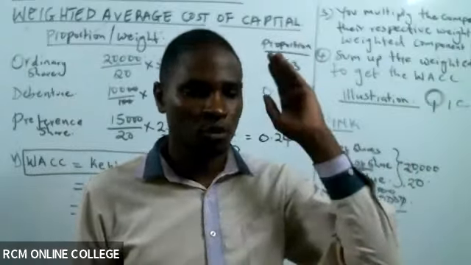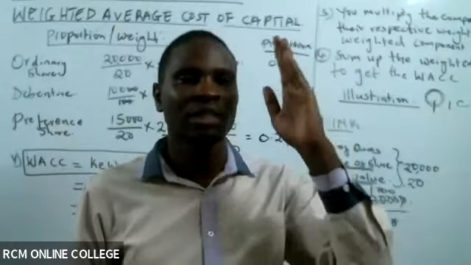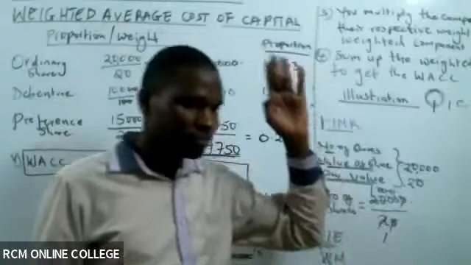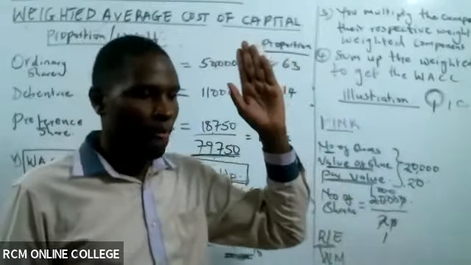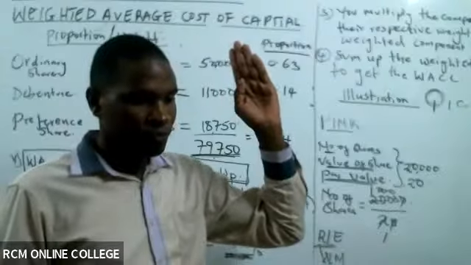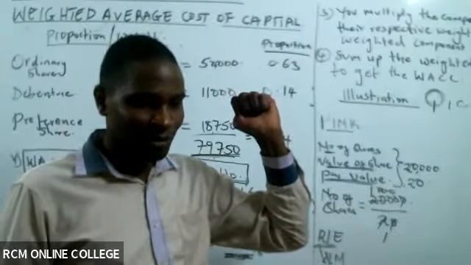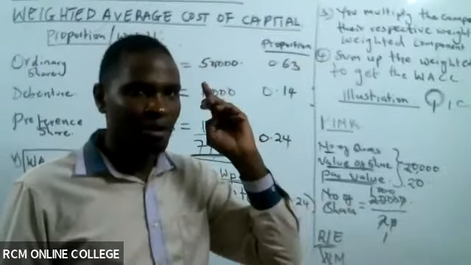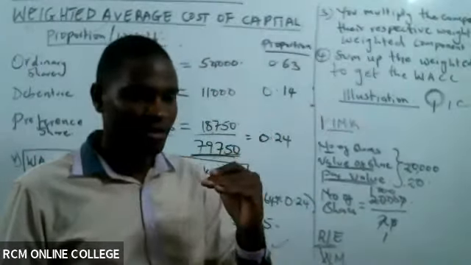Nani amemaliza topic kupitia na ku make some short notes za topic zote 3? Wale wa 3 zote. Bado. Not yet finished. Haya, wale wa 2. Nani amemaliza 2? Because you should be systematic, right?